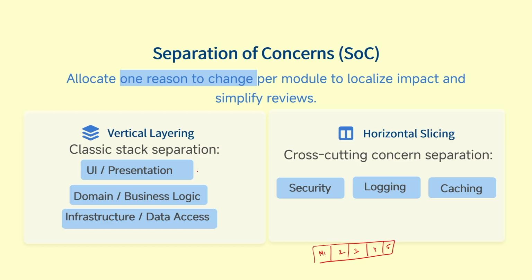Let us understand what we mean by vertical layering. As an example, the first one could be a presentation layer, the second one a business logic layer, and the third one a data access layer. Based on this, you can divide the system into modules.